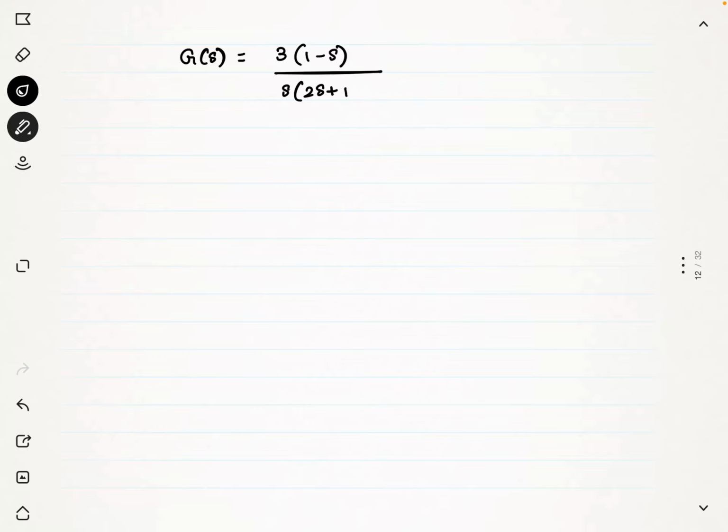S into 2s plus 1. So we will substitute s is equal to i omega.